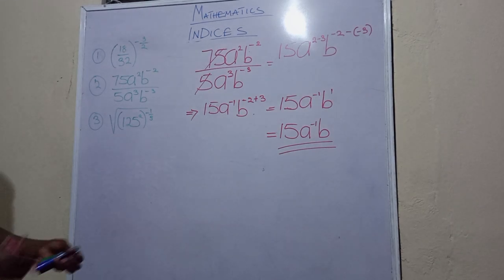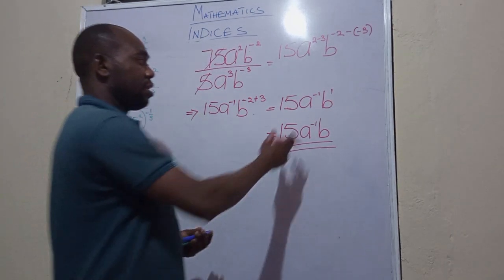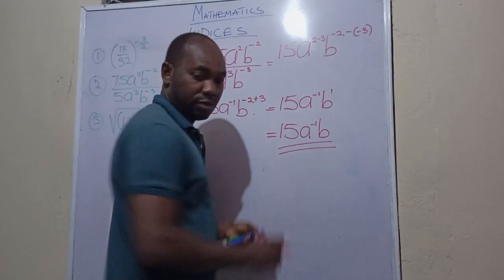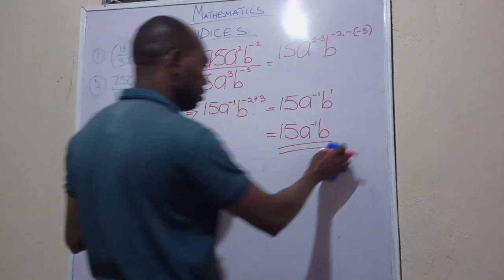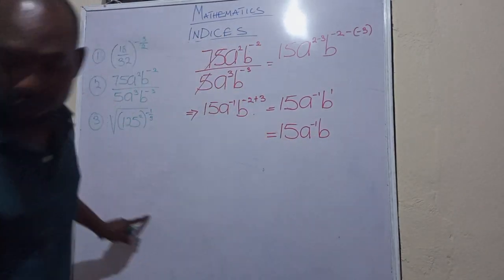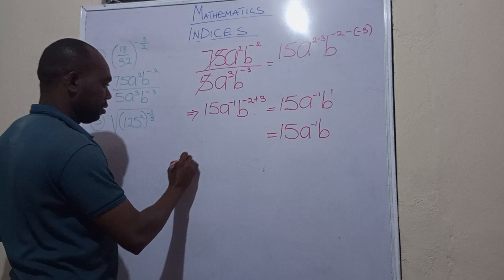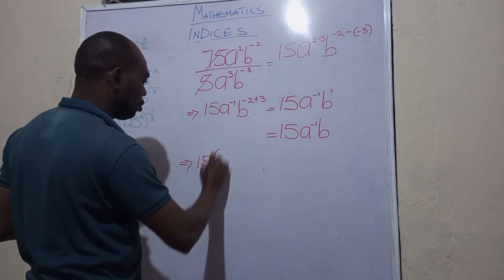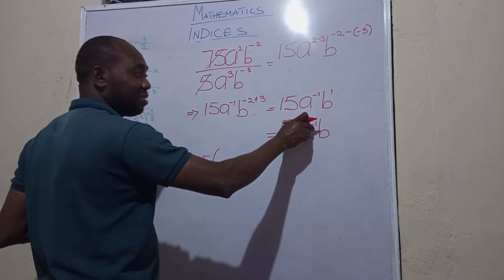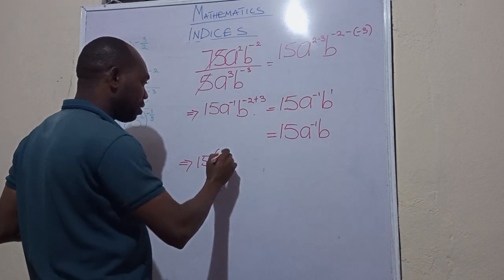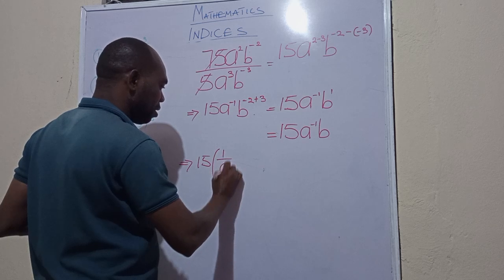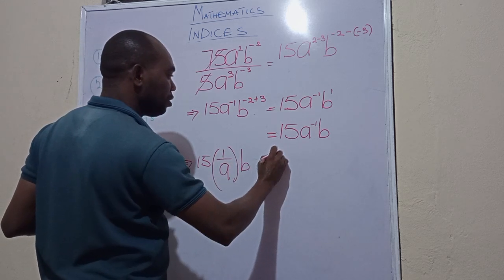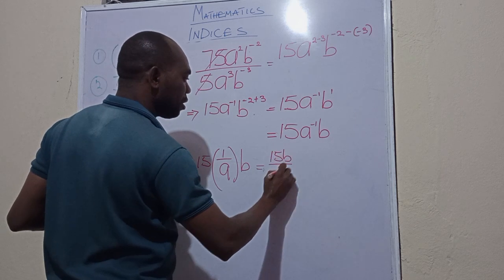Then if we want to express it again, remember there is another law of indices. From the expression, we will now have 15 times, from the law of indices, the minus becomes a reciprocal as 1 all over a, times b, which will result in 15b over a.